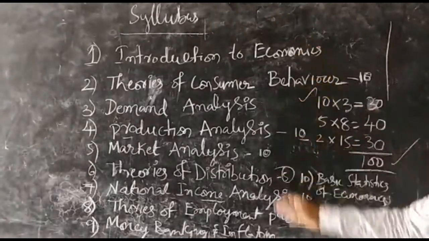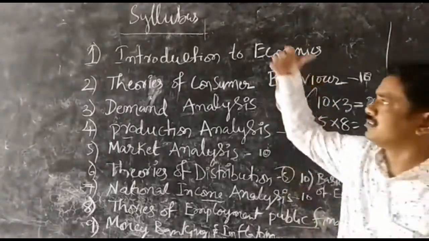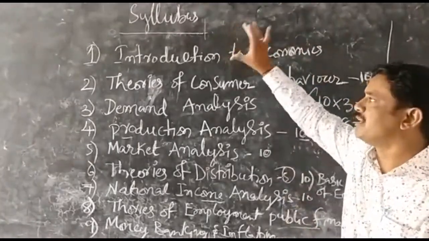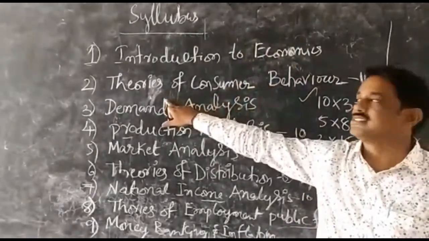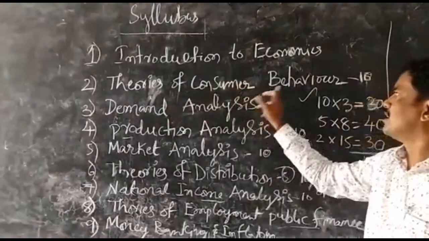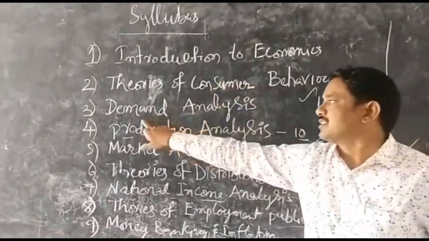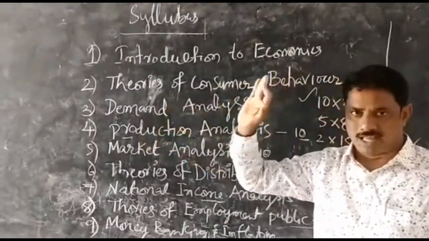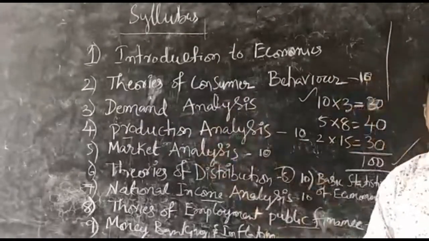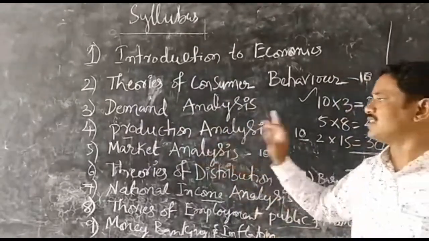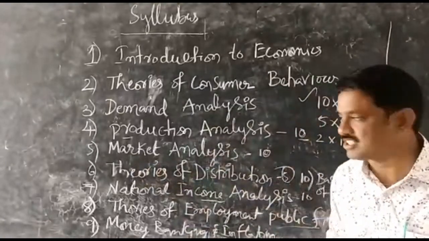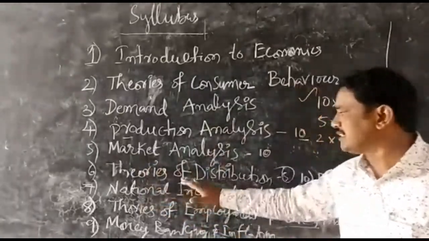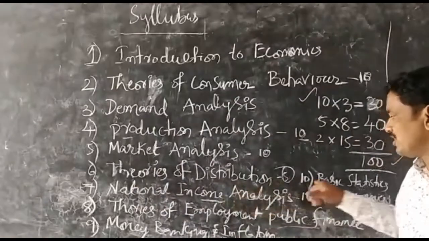So these questions come from the first year syllabus. The first is the introduction to economics. The second is the theories of consumer behavior. The third is demand analysis. The fourth is production analysis. The fifth is market analysis. The sixth is the theories of distribution.